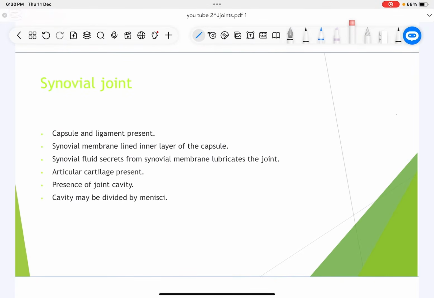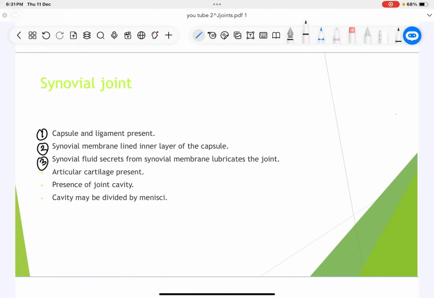Now we are going to discuss synovial joint. Synovial joint has some properties, or we can say characteristic features. So on screen you can see there are some characteristic features related with the synovial joint mentioned here. Number 1, it has capsule and ligament. Number 2, it has synovial membrane which lines the inner side of the capsule.